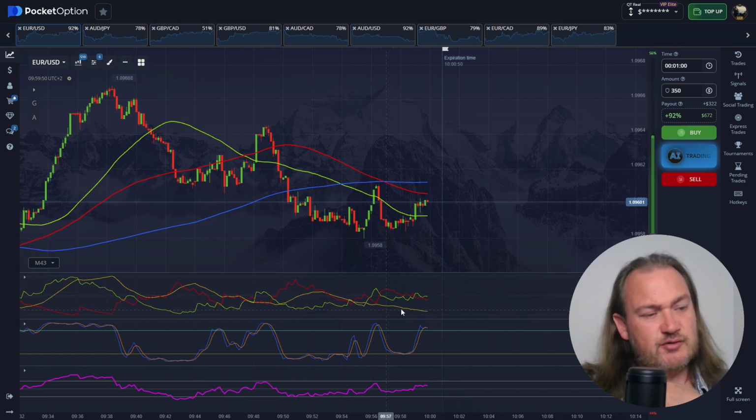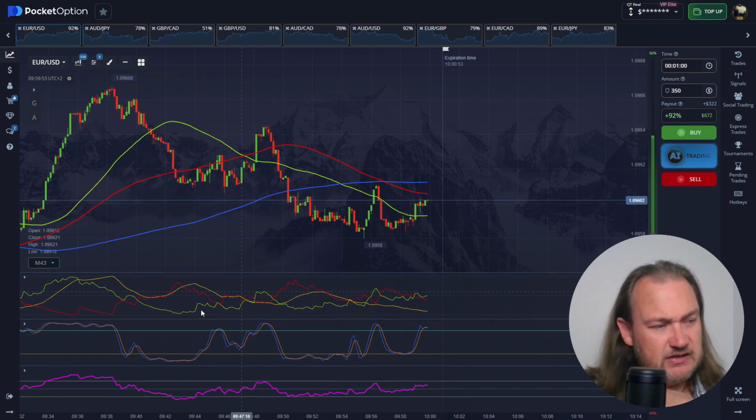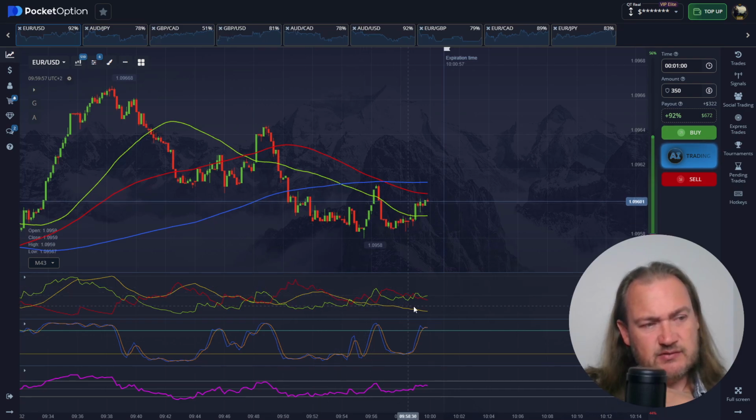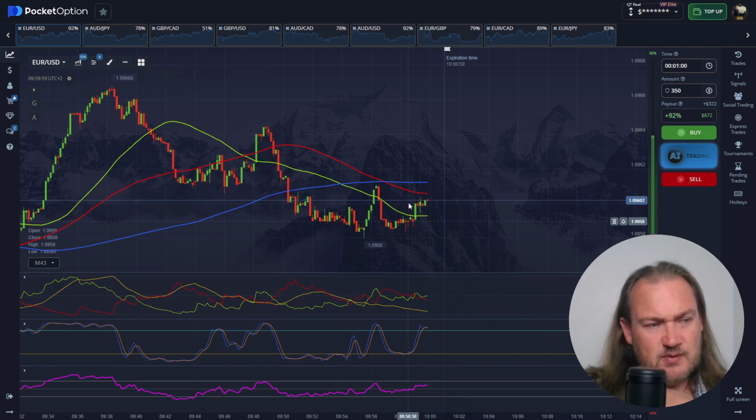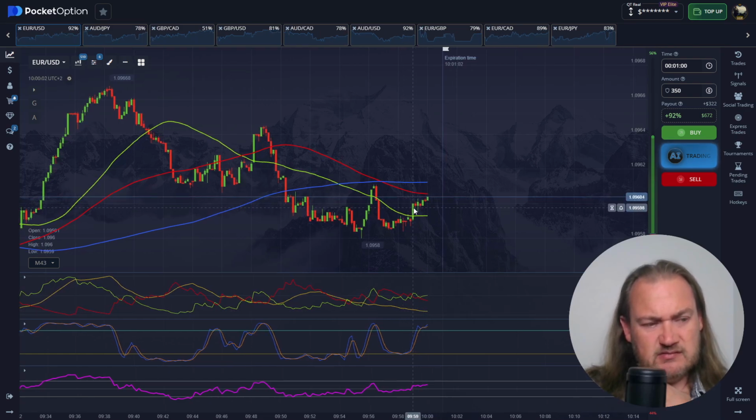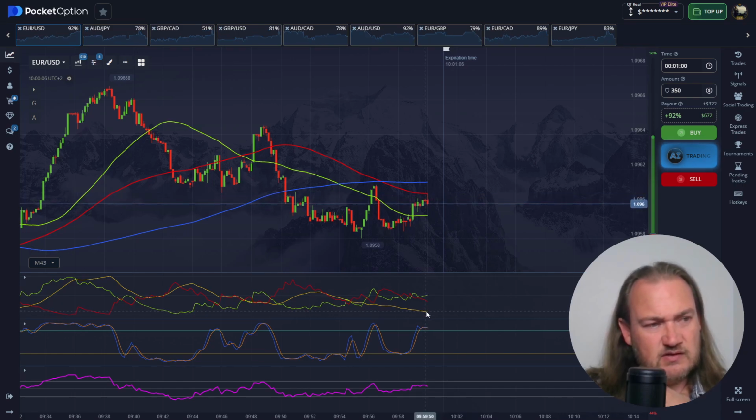Okay, so the ADX is showing us that the downwards move we had, which was quite strong, is slowing down a lot. So we are basically going into a sideways area now. What's the value of the ADX? It's like 11, 12.